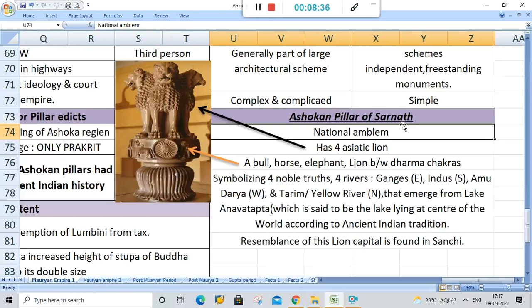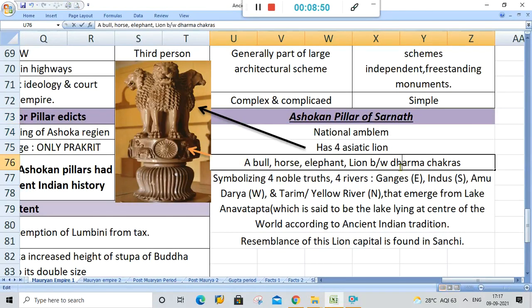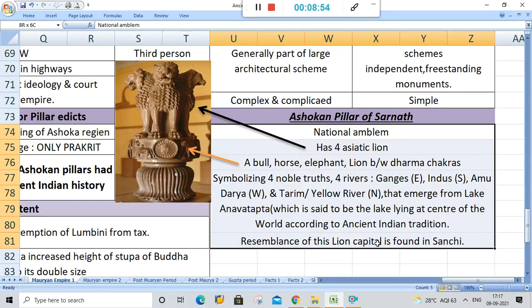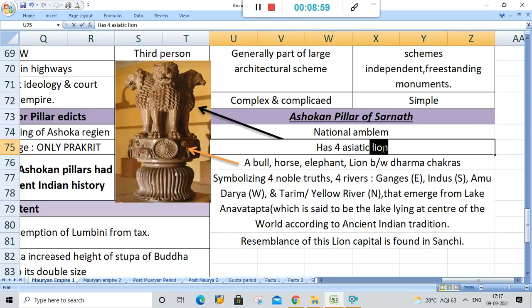Sanchi is also a Buddhist pilgrimage site which was constructed during the period of Ashoka only. So we can see this resemblance of the Ashoka Sarnath pillar in Sanchi also.